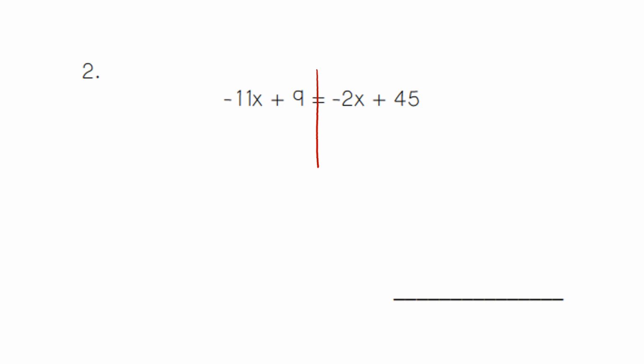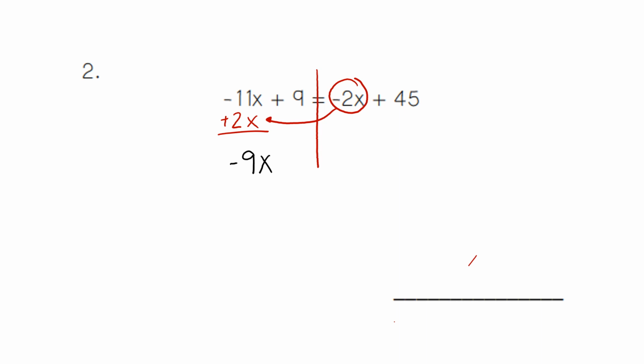The smaller value, I always go by the numerical value, not necessarily the negative value. So 2 is less than 11. The negative 2, when we move it, is going to change to a positive 2. Negative 11 and positive 2 gives us a value of negative 9x.